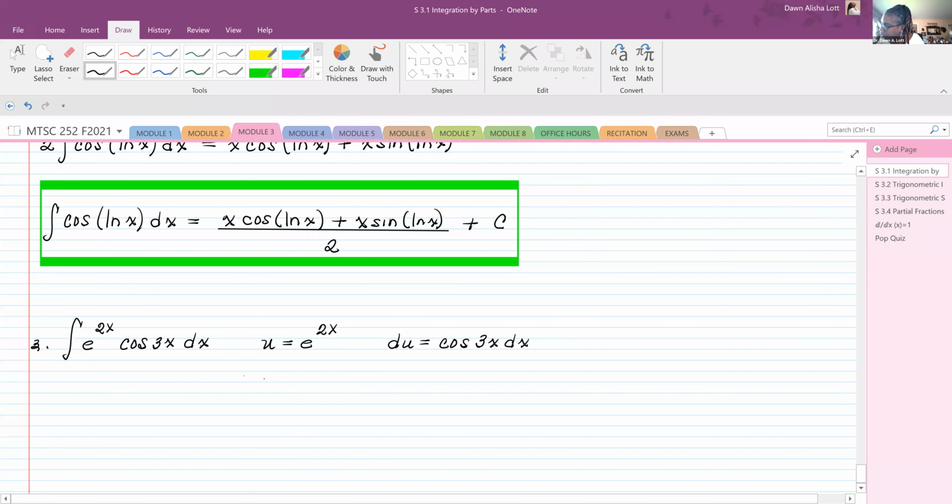So now du is 2e to the 2x dx. And this should be dv, my apologies. dv, so v is going to be the sine of 3x, and I'm going to need a 1/3 there.